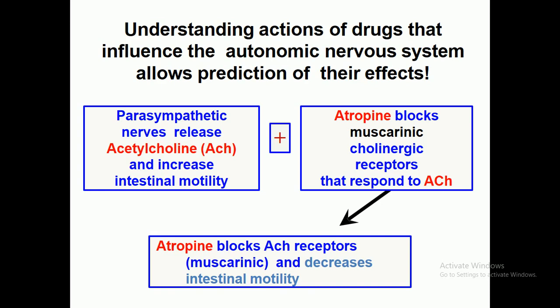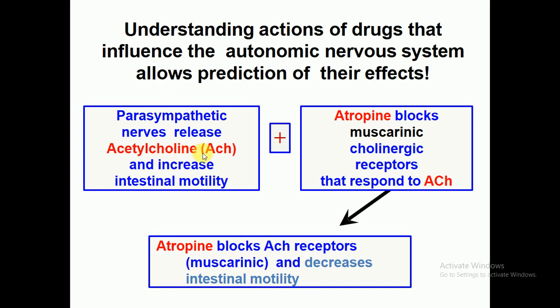That's why I always focus on this goal, that you should know the basic physiology of the nervous system. After that, the pharmacotherapy, the drugs which are used, can directly act upon the sympathetic nervous system or parasympathetic nervous system. So this is very important.